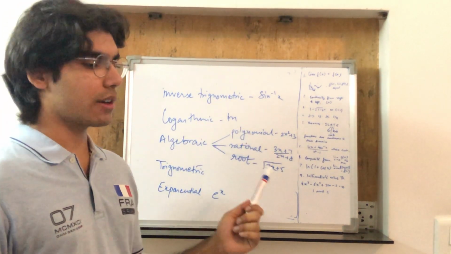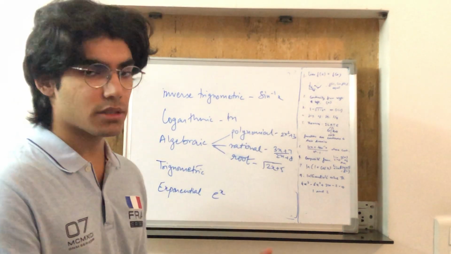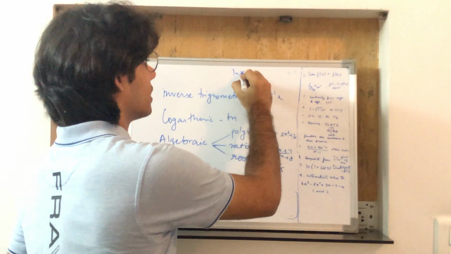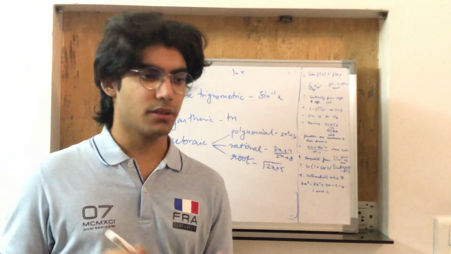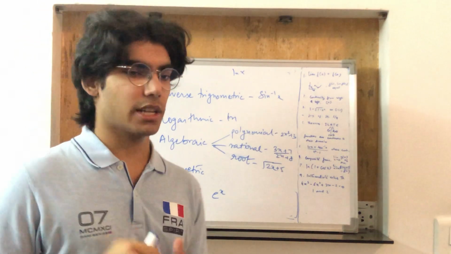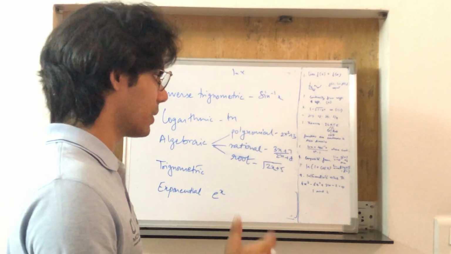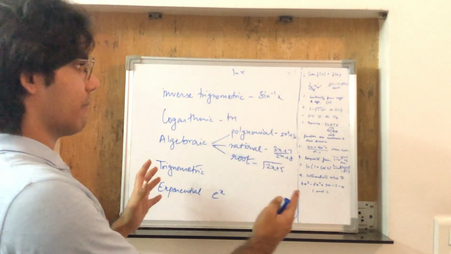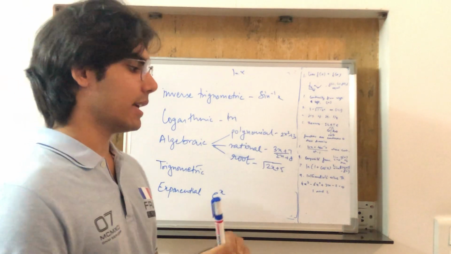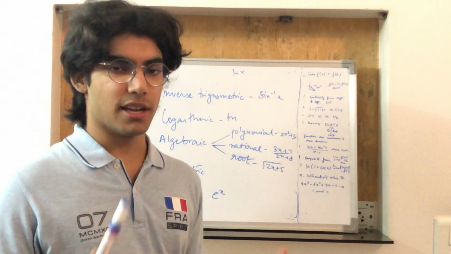So ln x is going to be continuous for all x greater than 0. This is a really interesting and really strong theorem that you have at your disposal when you're solving questions. For all these different functions, we can say that they're going to be continuous wherever their domain is defined.